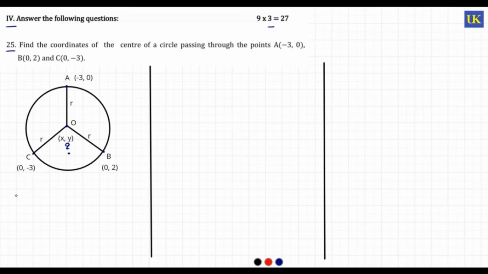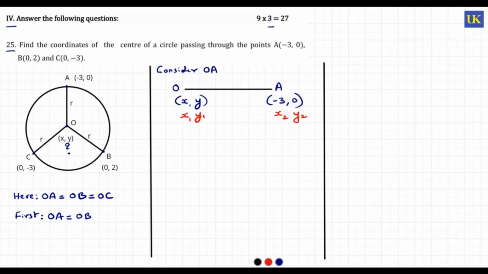So if all these are radius, then we can say that OA is equal to OB, and in turn they are also equal to OC. So first we will solve it by taking OA is equal to OB, and then later we will take OA is equal to OC and solve it further.